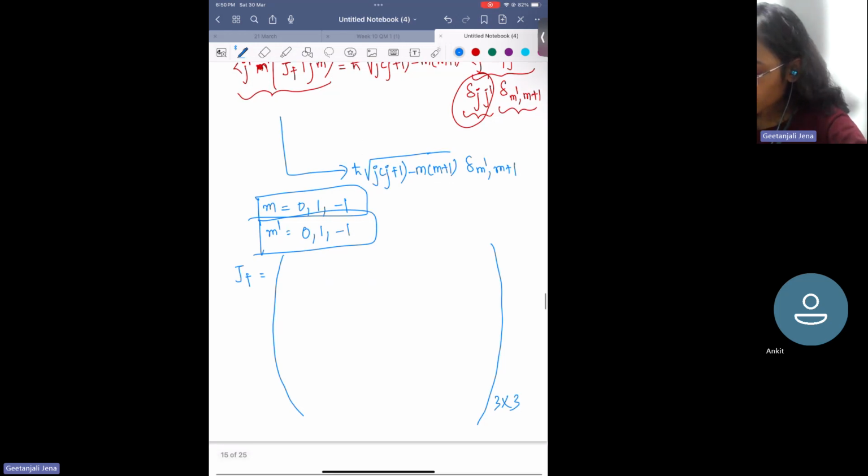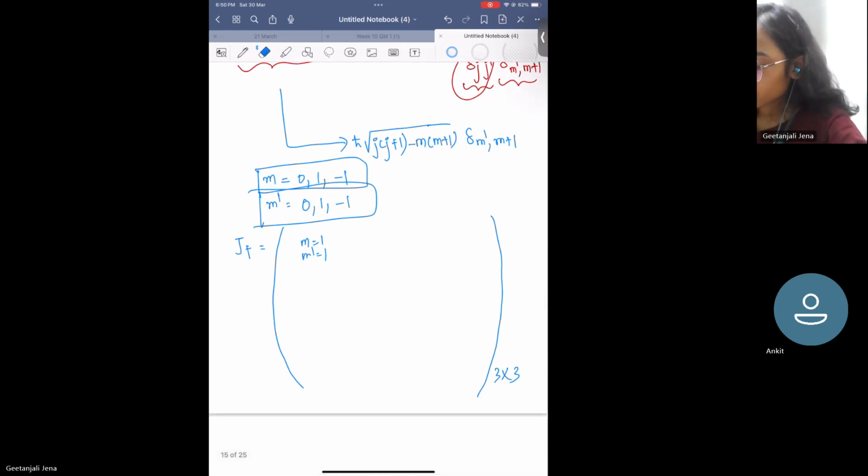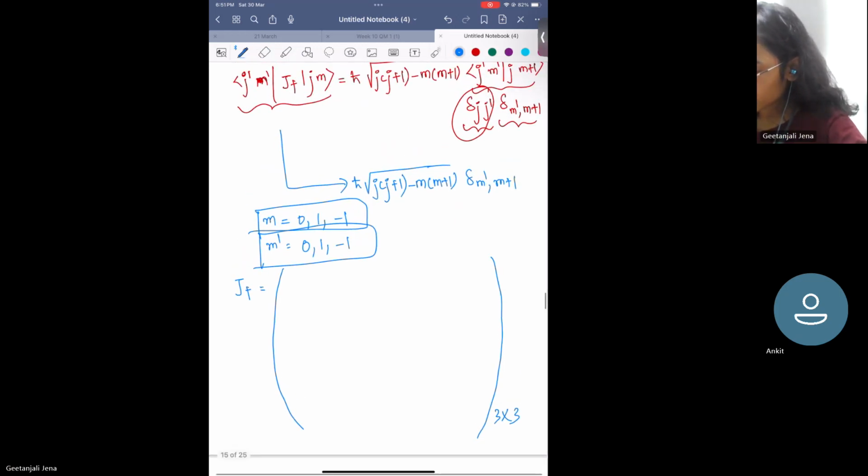So let us take M equal to 1 and M prime equal to 1.